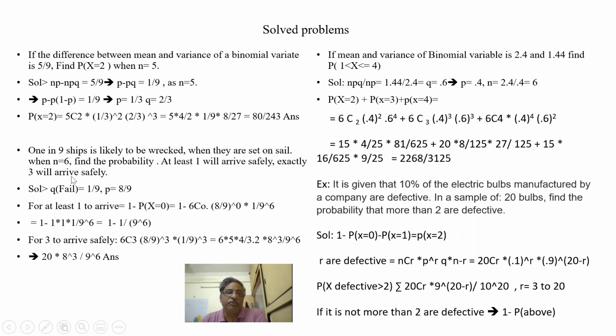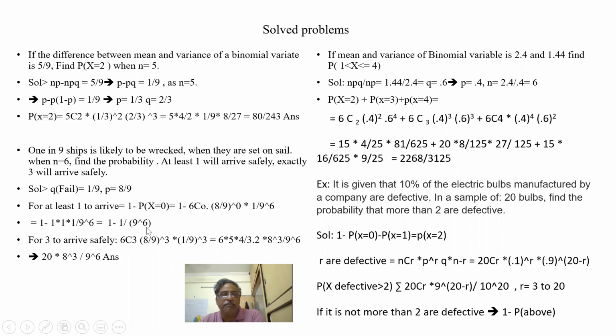Wrecking is the failure, so 1 by 9 probability, and successful is 8 by 9. For at least 1 will arrive safely, out of the total probability, I subtract the case where 0 arrive safely, since 1, 2, 3, up to 6 can arrive safely.